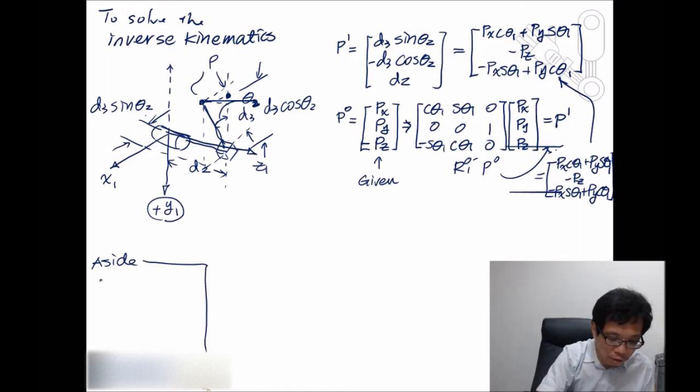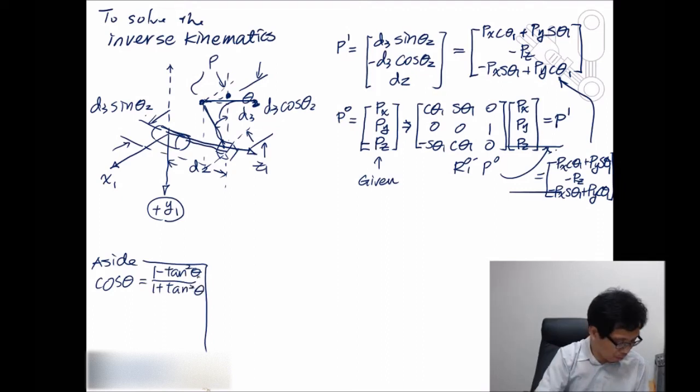If you have cosine theta, that is actually 1 minus tangent square theta over 2, and the denominator is 1 plus tangent square theta over 2.